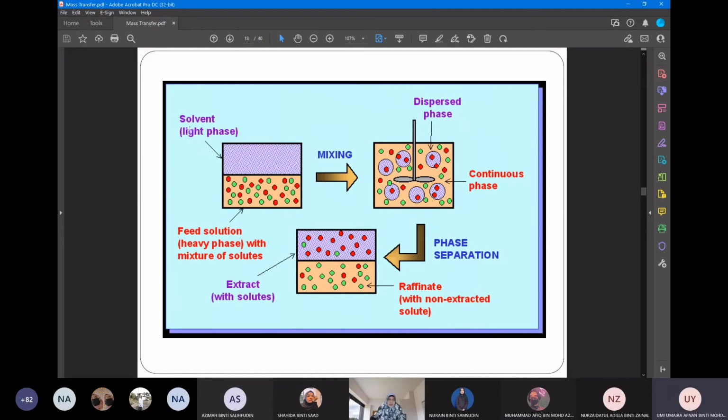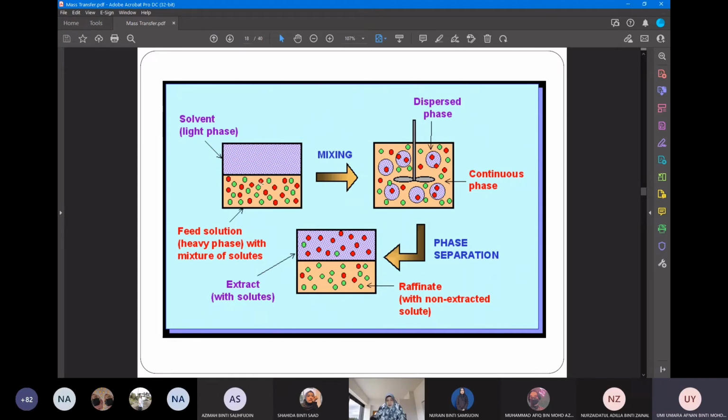Okay, solvent is always the light phase, and then you have the feed solution, the heavy phase, with a mixture of solutes. So now get to know about solvent and get to know about solutes. In the feed solution, you have components which are called solutes.